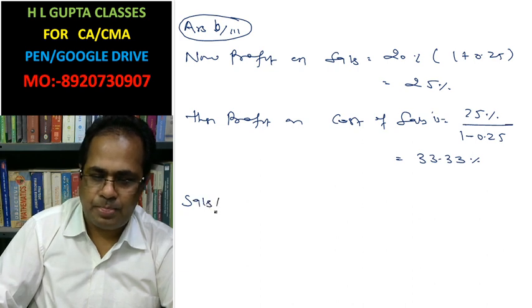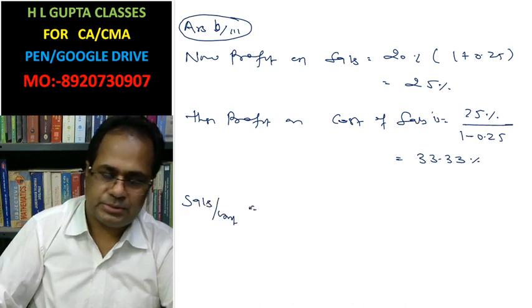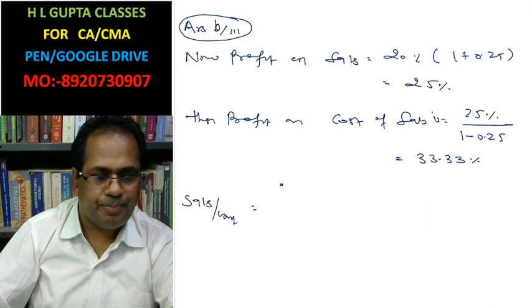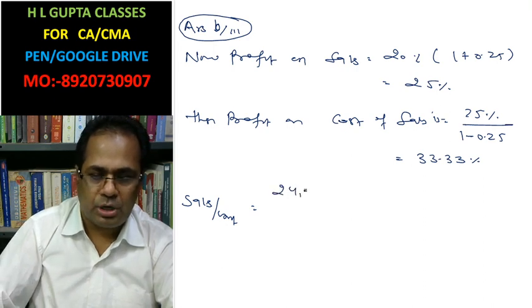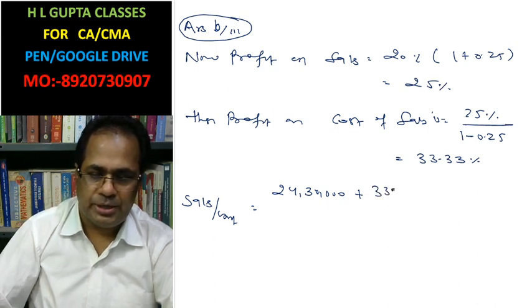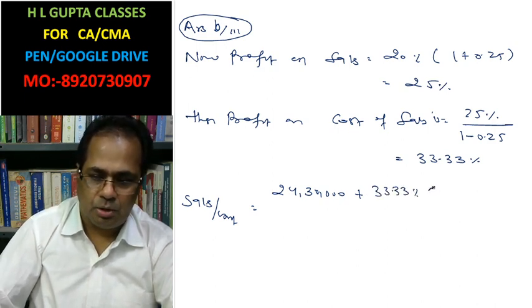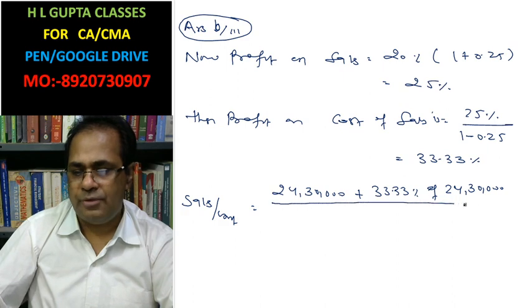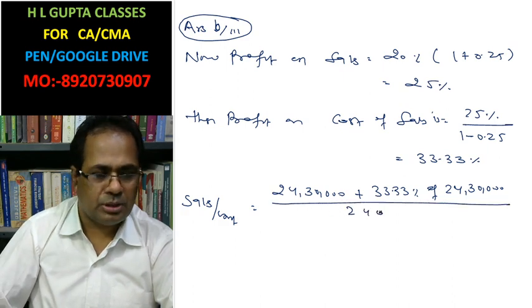Sales per unit in this case. What is the cost we have? 24,30,000. 33.33% of 24,30,000, whole divided by 24,000.